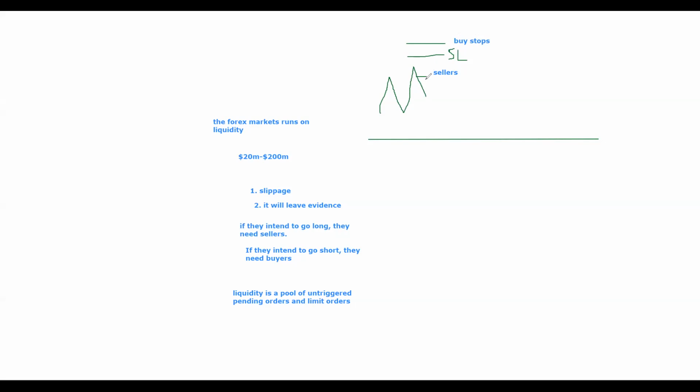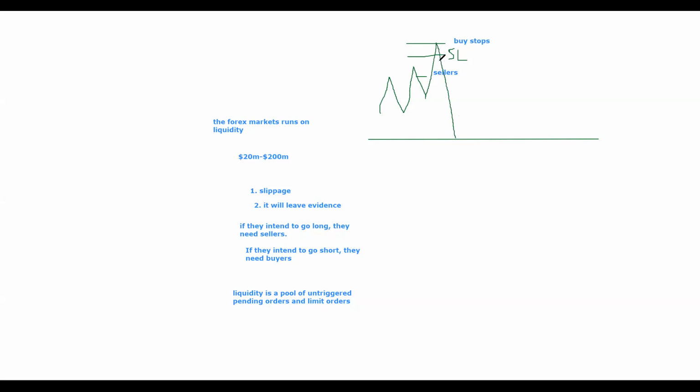Then you have another group of people who say this thing has made a higher high, which means it's going to go up, and they're going to place their buy stops here. So most times, what do they normally do? They come in here, they trigger everybody, and they move in the opposite direction.